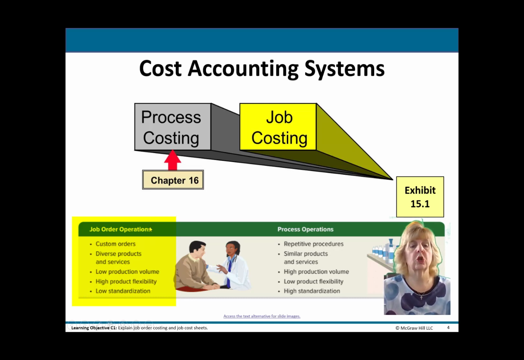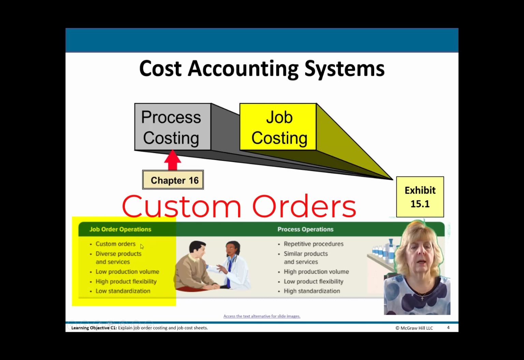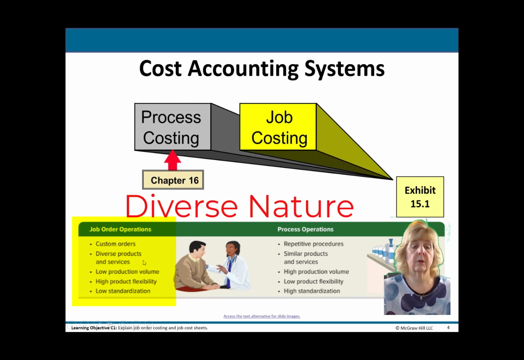We're looking at a job order cost environment. Job order costing involves custom orders. That means that the products tend to look differently from one another. That means that the products and services are usually of a diverse nature.